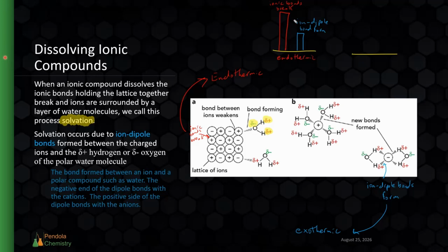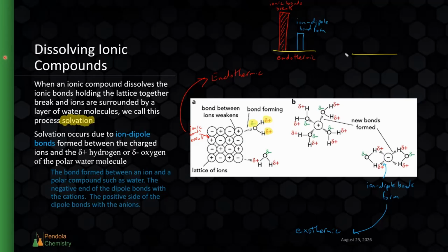And it just occurs to me that I probably should have used the opposite colors, but this is going to be endothermic because more energy is needed for the endothermic process than the energy released by the exothermic process.